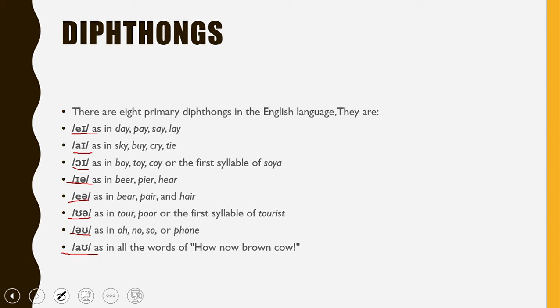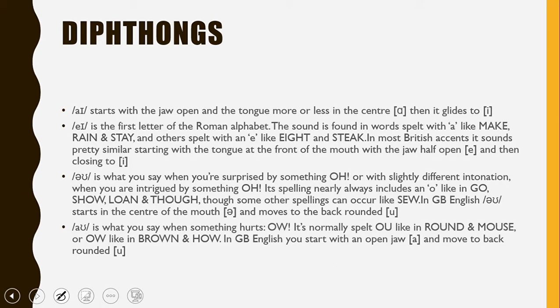Let's have an explanatory discussion about this. The first one, as I said, was I. When you say I, your jaw opens up and your tongue is sort of in the center.